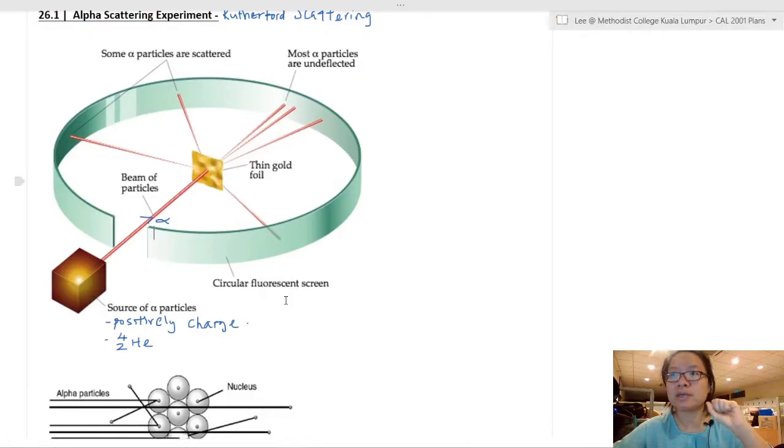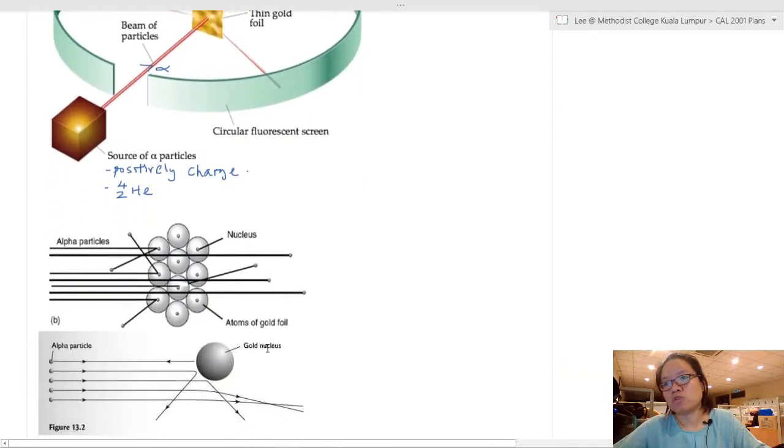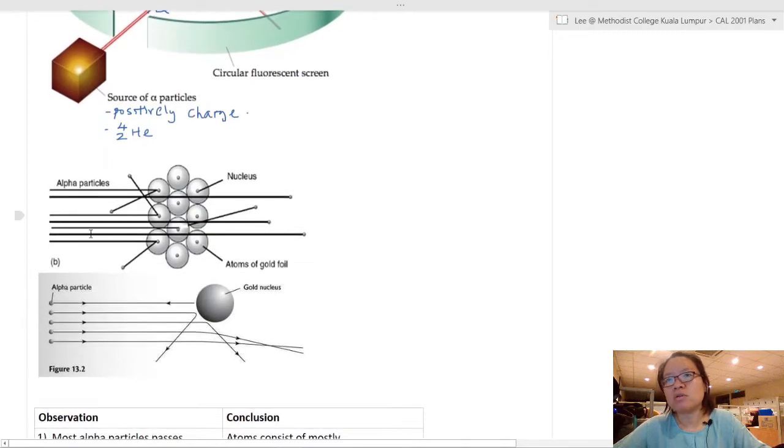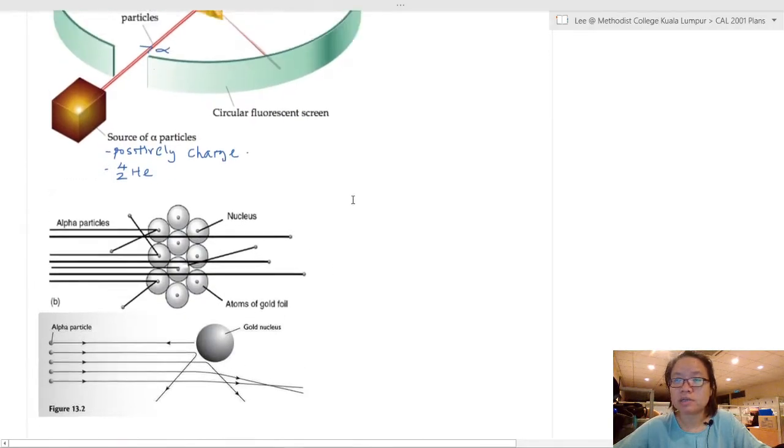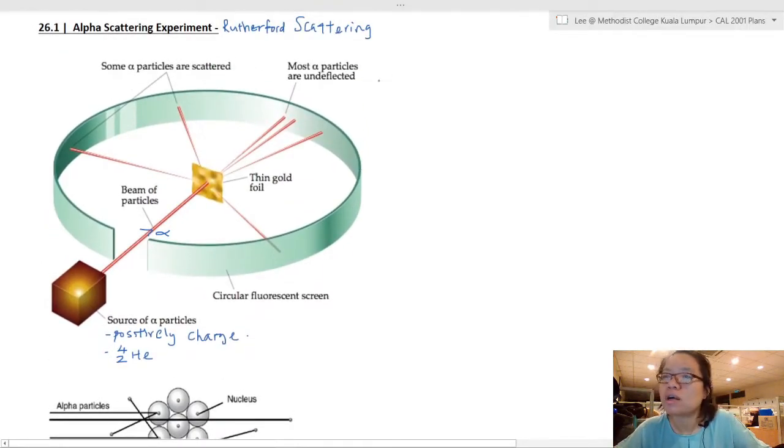They'll be glowing. They noticed that most of the alpha particles will pass through undeflected. That's the first observation. If you look at some drawings that I've given you here, most of it will pass through undeflected. There's an old past year question that asked you to draw this, but if you're the type that does past year papers from 2002, you will encounter it.